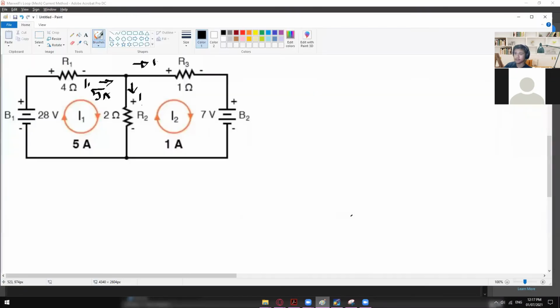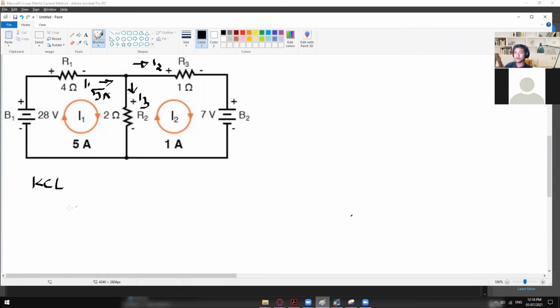So this one is your I2, which is already 1 amp, and then this is your I3 that will flow on the R sub 2. Using the KCL method, going in is positive, and then leaving is negative.